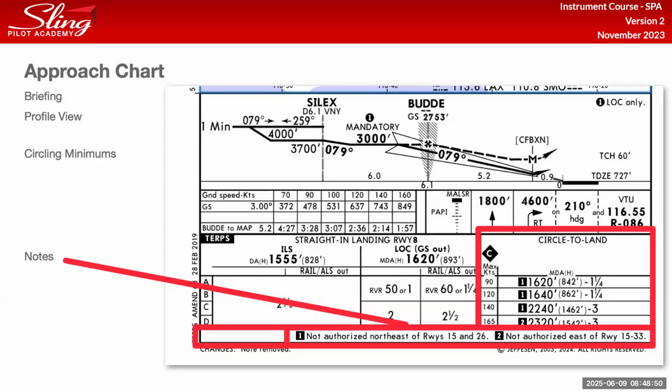Winds are 270, so winds are like this. You're doing this approach in. Could you land right here? Let's say it's 270 at, let's bump it up, 270 at 18. What are we not allowed to do at this point? Runway 17. Why? It's over the max crosswind of 15. So now we have to circle.